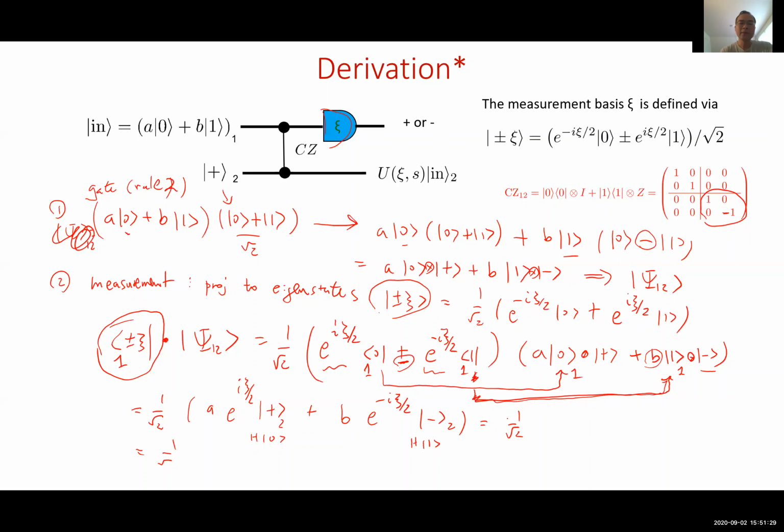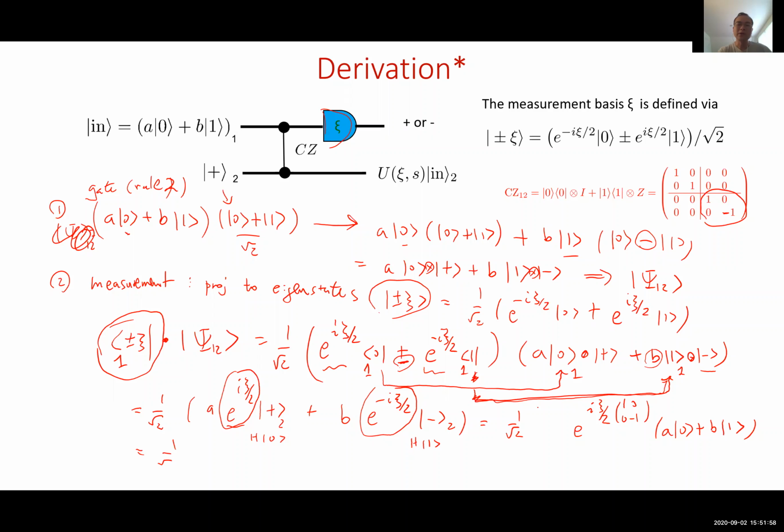But there is also a phase factor. The phase factor can be written as e to the i psi over 2 z, right? If it acts on a0 plus b1, then I can get the desired factor e to the i psi over 2 plus minus.